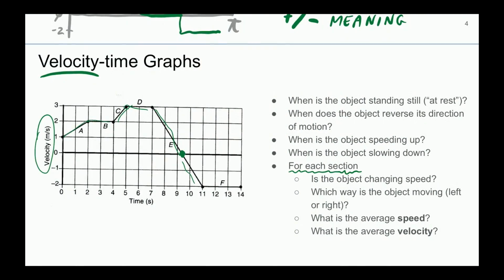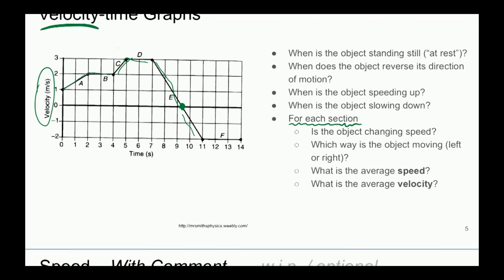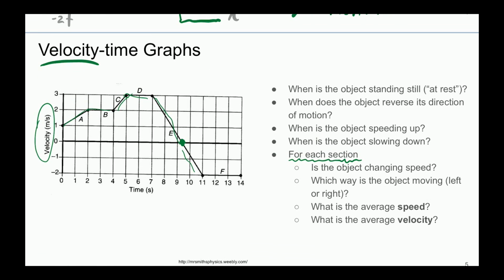Speeding up and slowing down on a velocity time graph is only asking, how far away are you from zero velocity? So you're trying to look at the magnitude of the velocity. It can get tricky, right? If you look at the graph where the velocity is positive, it kind of makes sense. Like you would look at this segment here and say, yeah, sure, it's slowing down.